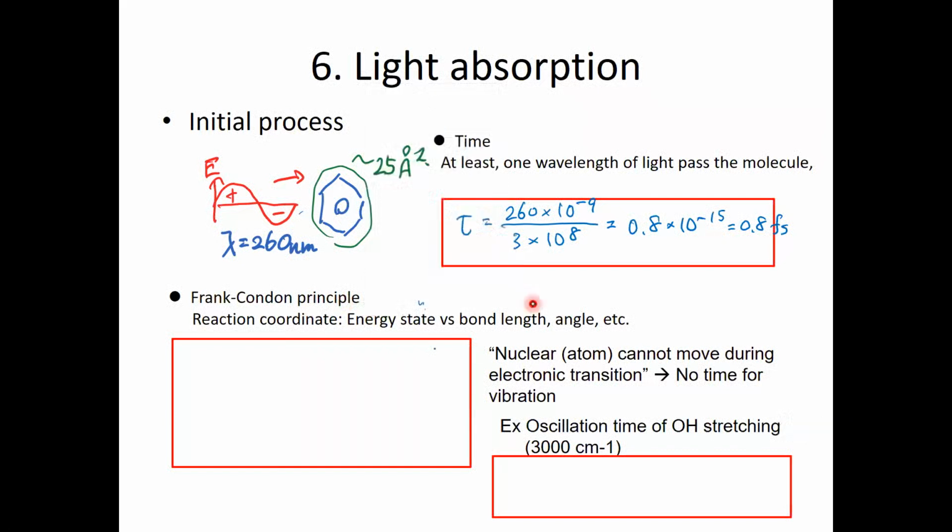And to understand the Franck-Condon principle, first you have to understand the reaction coordinate, which is the relation between the energy state versus some molecular parameters such as bond lengths, bond angles, and so on.